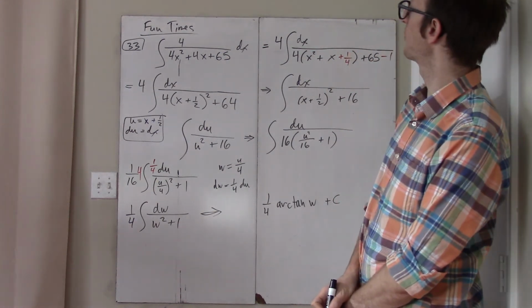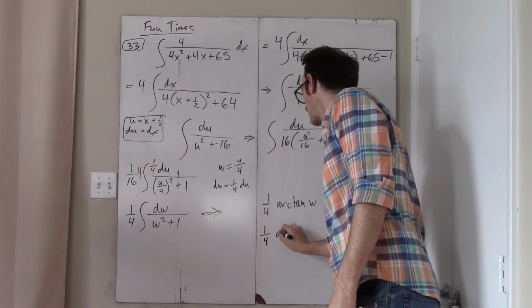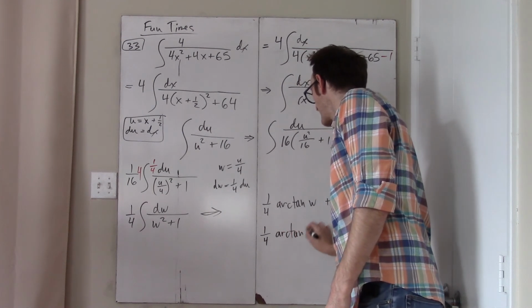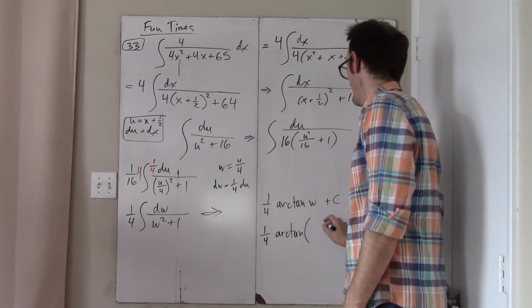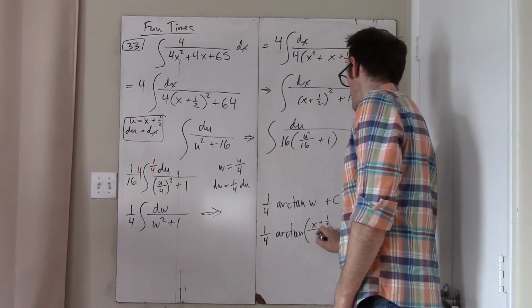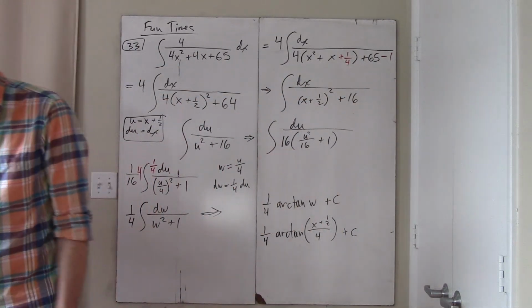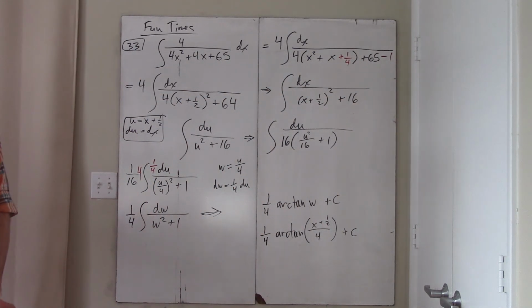But w is really u over 4, and u is really x plus 1/2. So this is really 1/4 arctan of x plus 1/2 over 4, plus c. You could simplify that if you want to, 2x plus 1 over 8, but it seems good enough to me.